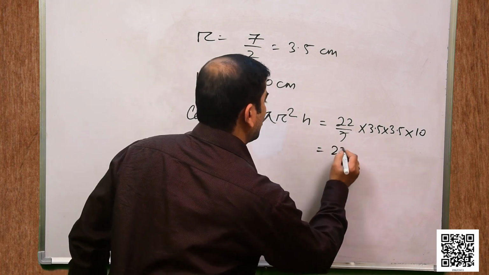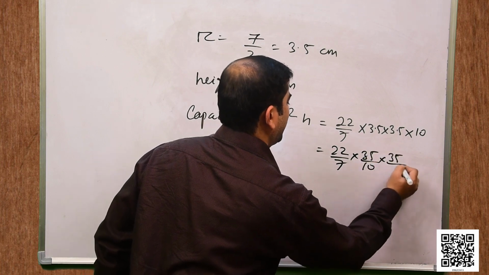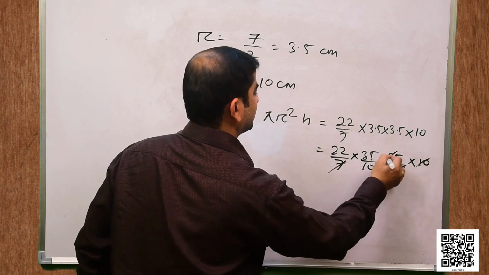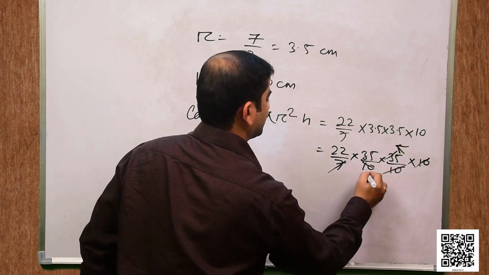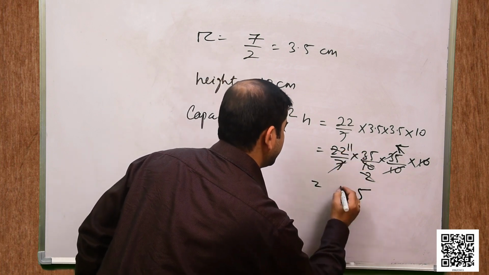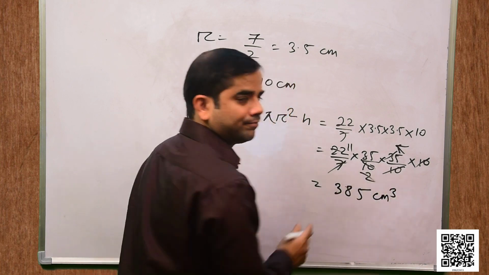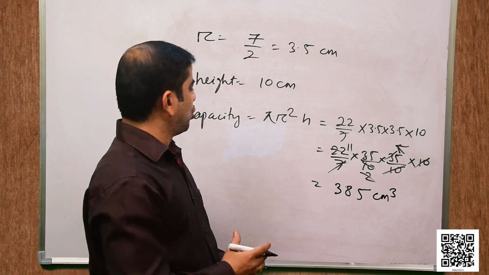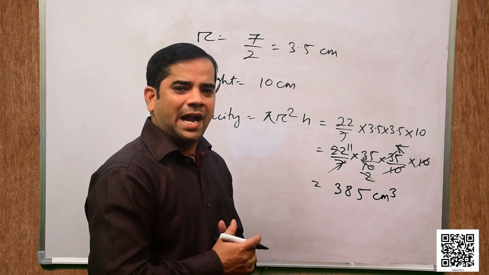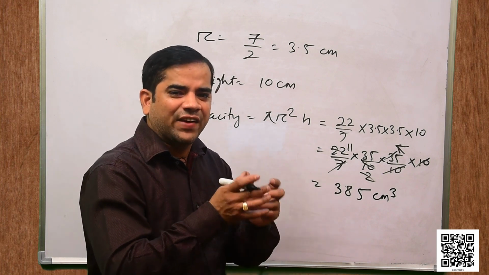So this becomes 22 by 7 into 35 by 10 into 35 by 10 into 10. So this is 385 centimeter cube.